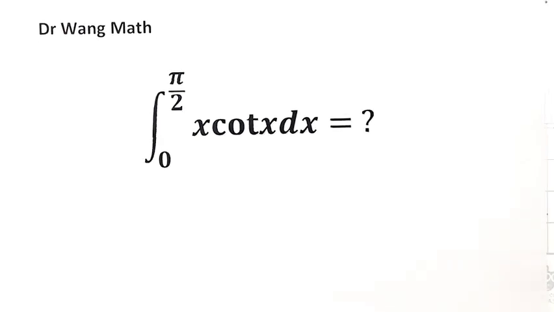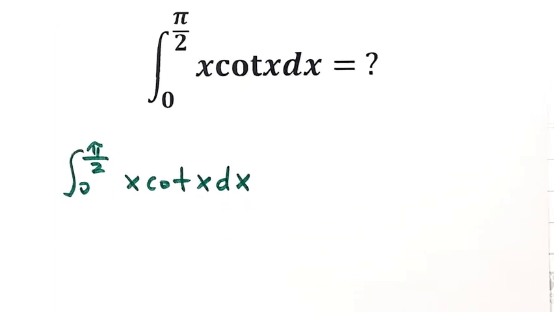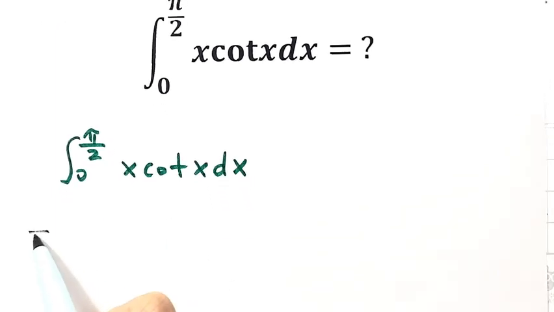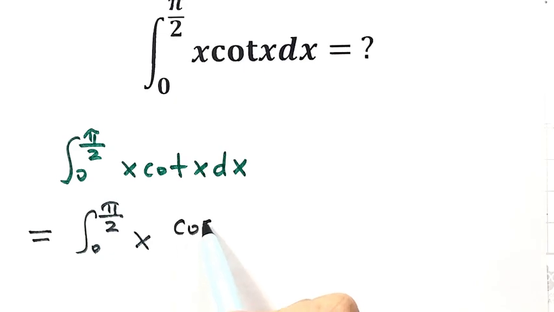So let's see. Here the integral from 0 to half pi, x cotangent x dx. First, let's rewrite cotangent. For cotangent, we put cosine x over sine x.